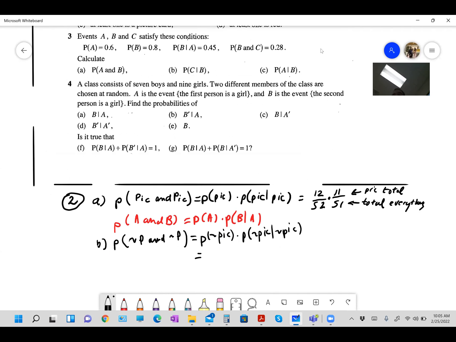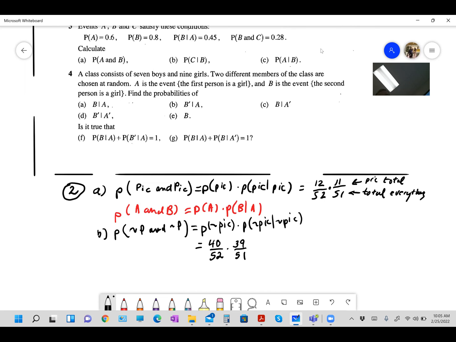How many cards are not picture cards? 52 minus 12 is 40. And then what's the probability of not picture given I've already gotten a not picture one? 39 out of 51. Does that make sense? Okay, good.